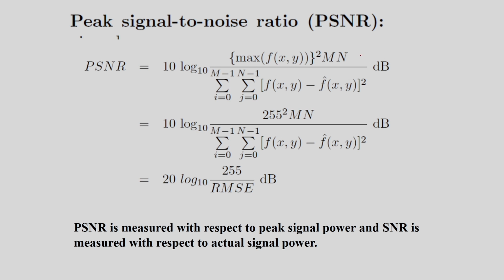You can see I am considering the signal power and also the peak signal power and the noise power, and the maximum pixel value I am considering is 255. So, you can determine the PSNR. PSNR is measured with respect to the peak signal power, but SNR is measured with respect to the actual signal power. That is the difference between the PSNR and the SNR.